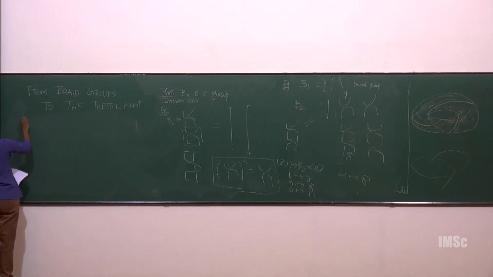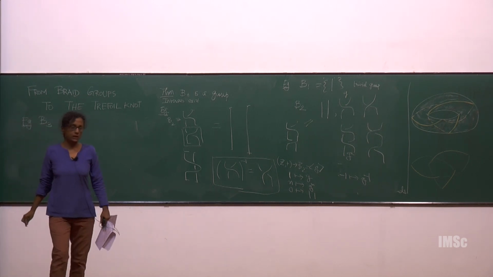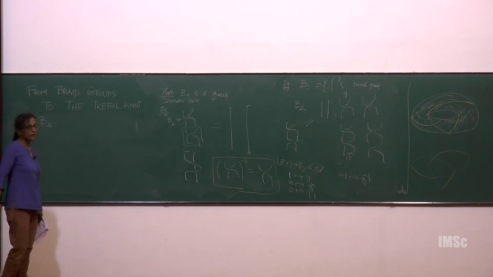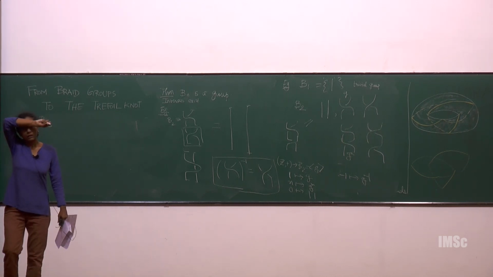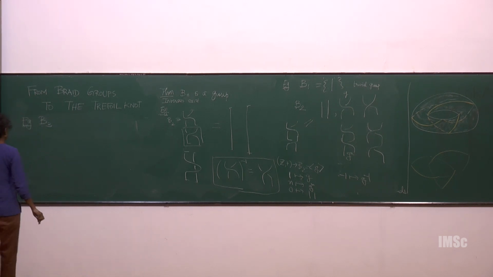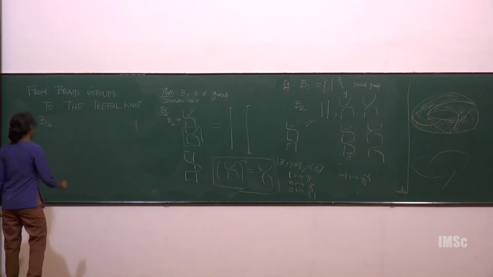Now, the next example is B3. B1 is trivial. B2 is the set of integers. Let's think of B3. Let's start with a warm up and draw some elements of B3. Firstly, parallel strands.